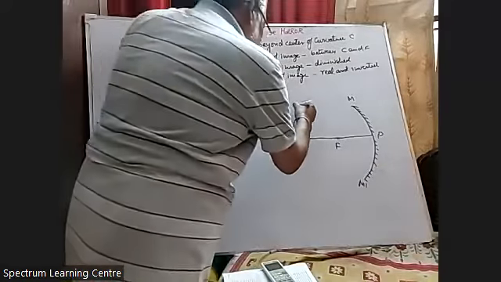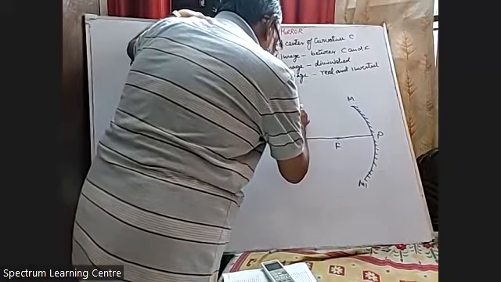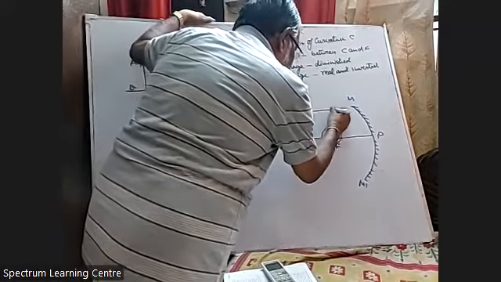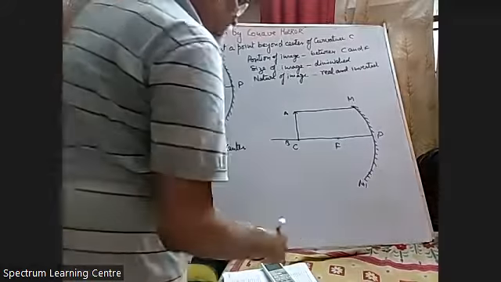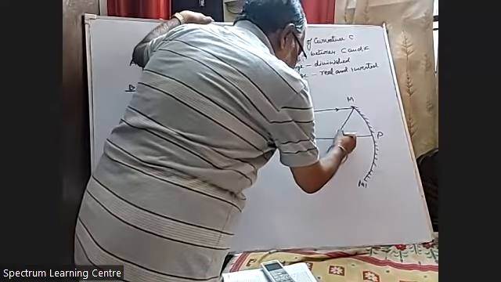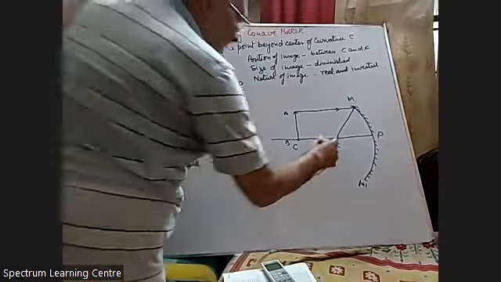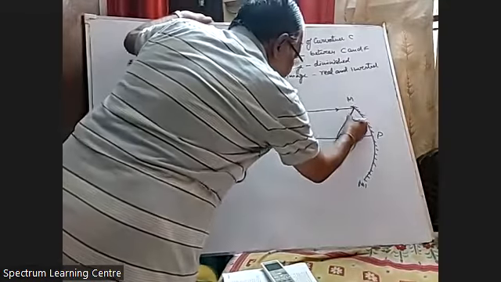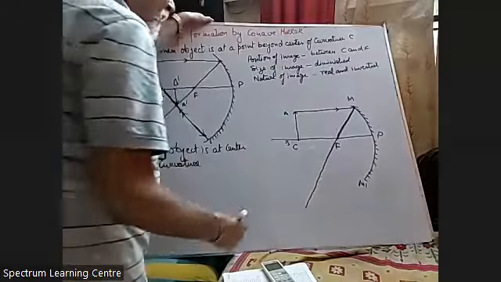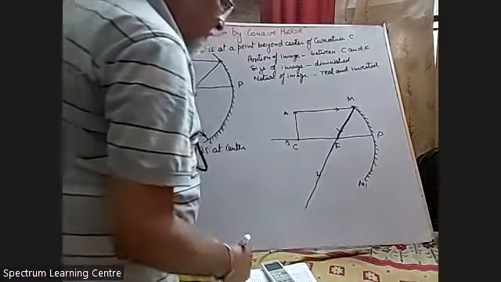Now suppose I have taken an object A, B. A ray goes from here parallel to principal axis. See, I am choosing all the convenient rays, beta. So this ray, after reflection, will pass through focus, which we have already studied.